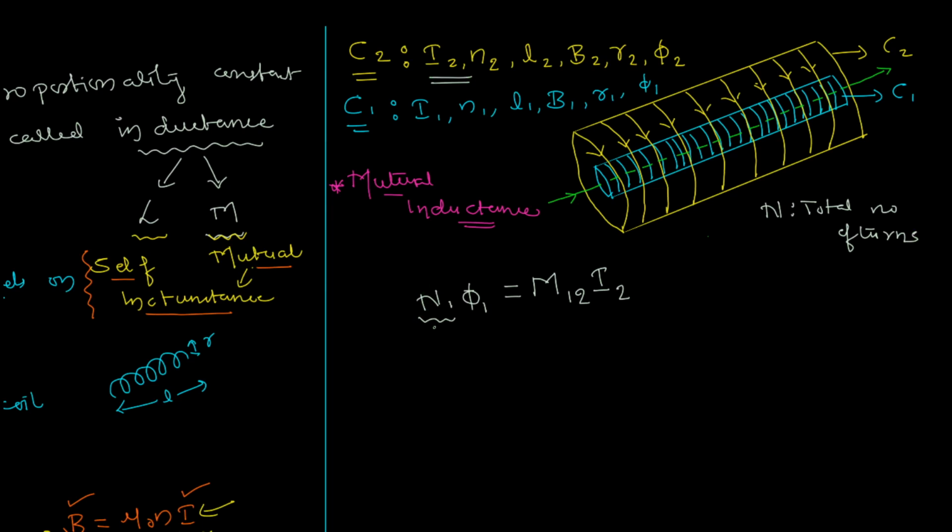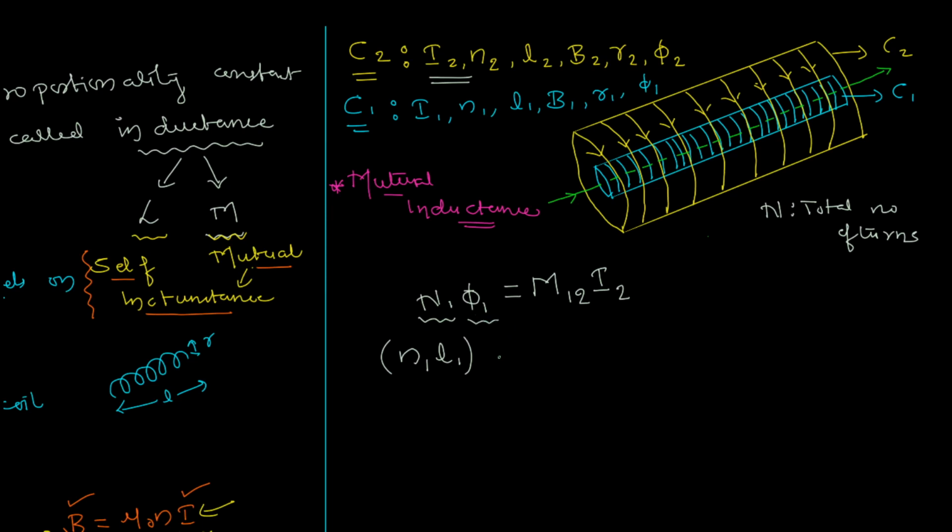But in fact, there is a simple way to write N1. The total number of turns in coil C1 would be the number of turns per unit length of coil C1 multiplied by the length of coil C1, right? So the number of turns per unit length multiplied by its own length is going to give me the total number of turns. So this bracket right here is capital N1.